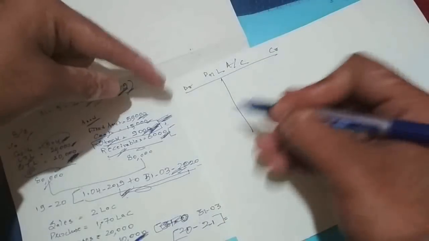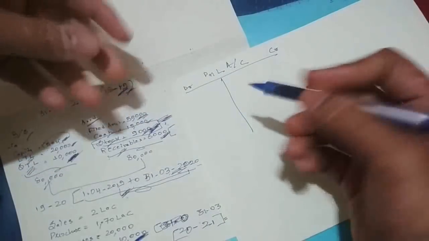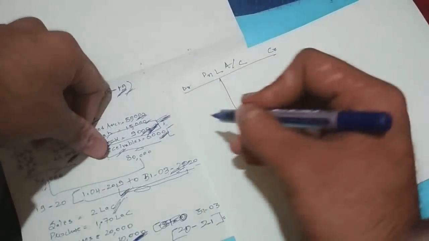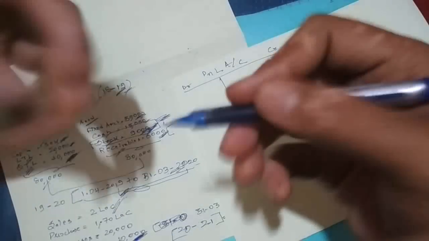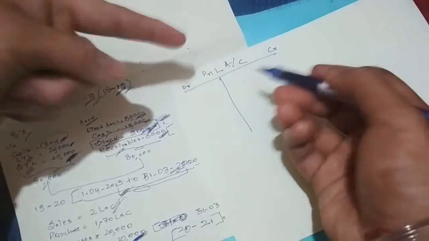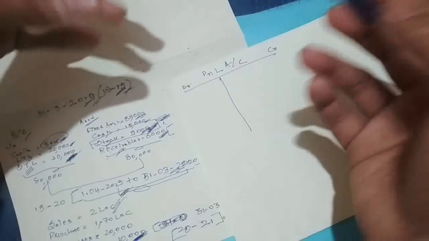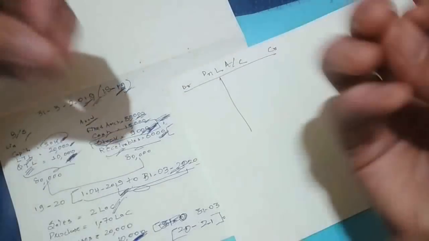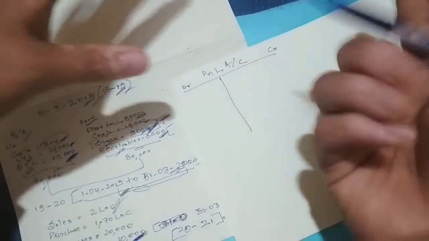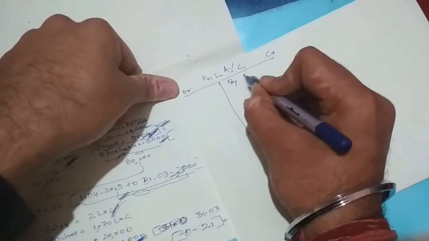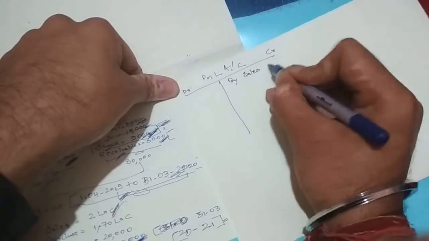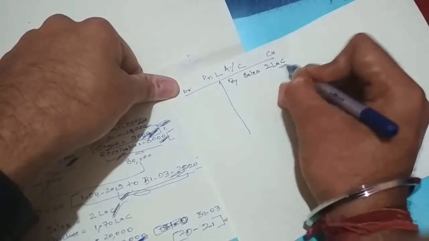Now when we are making the profit and loss account, since it is made from the trading account, whatever is mentioned in the trading account will be in the profit and loss account as well, plus everything extra we did, like the expenses, salary, wages, will also be included. So here sales, we will write by sales 2 lakh of rupees.